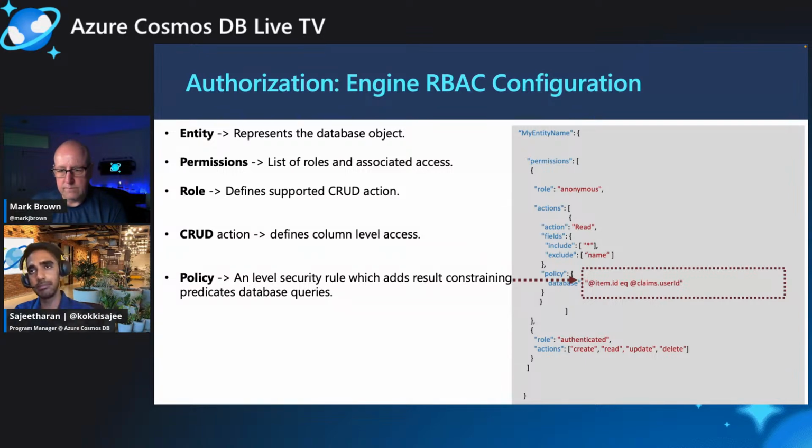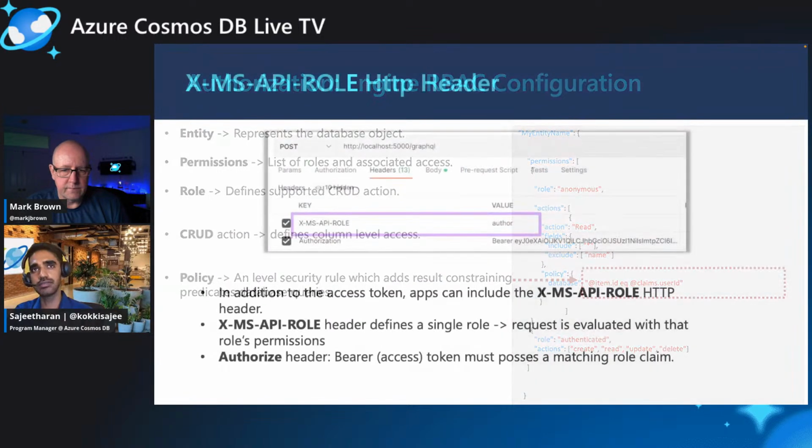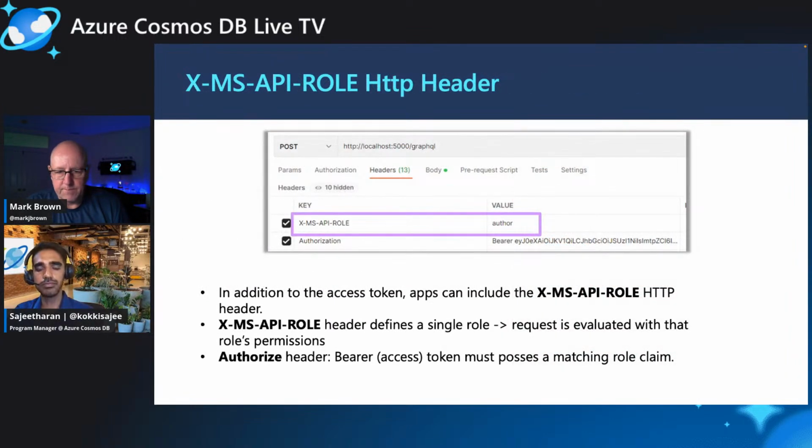If you want to filter database values based on the authenticated user ID, you can certainly do that. Say you have an ID with the user email, then if you want to filter based on the claims that we get from the access token, you can do that as well. So it provides additional item level conditions that you want to enforce on the collection you access through GraphQL. Got it. Yeah, that's cool.